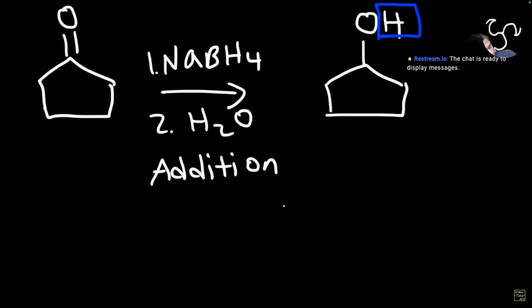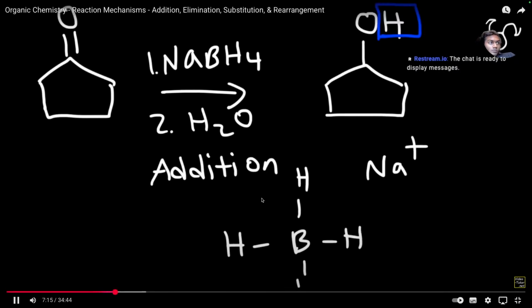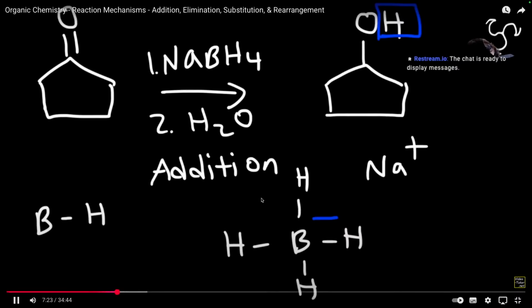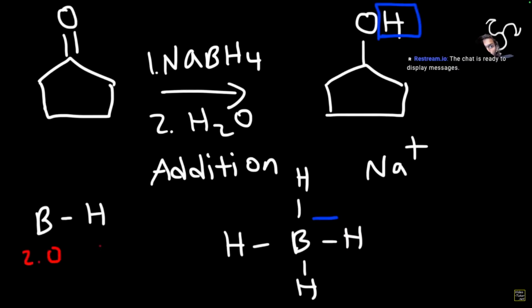Now, sodium borohydride has a sodium ion and a boron atom surrounded by 4 hydride ions. Now, the boron atom has a negative formal charge, but if we consider the boron-hydrogen bond, boron has an electronegativity value of 2.0, and hydrogen has a value of 2.1.